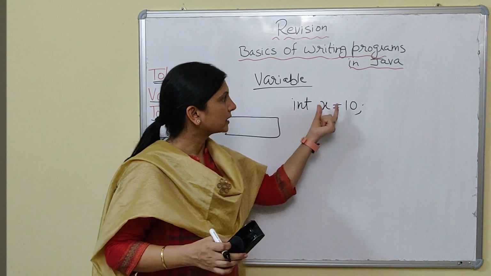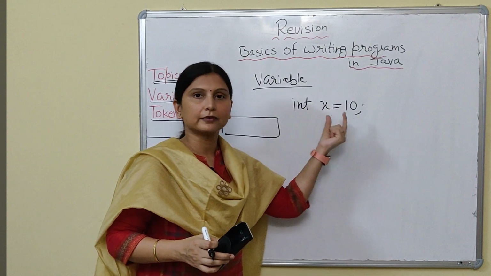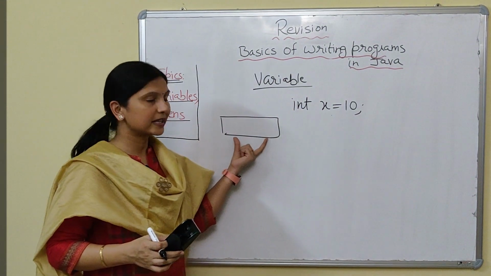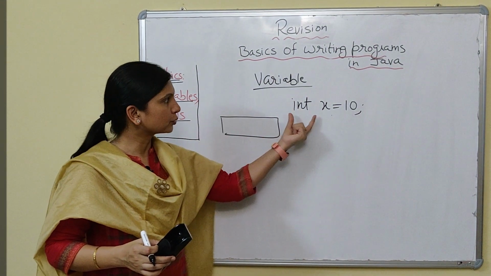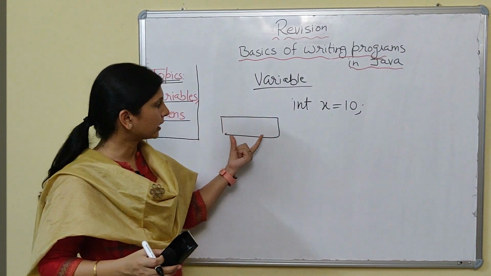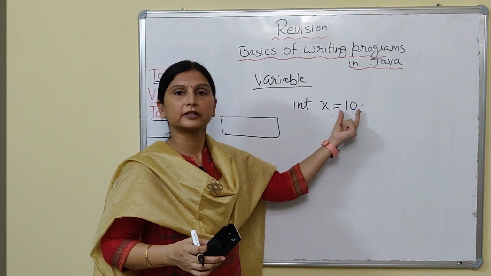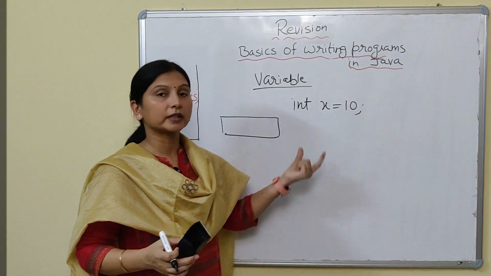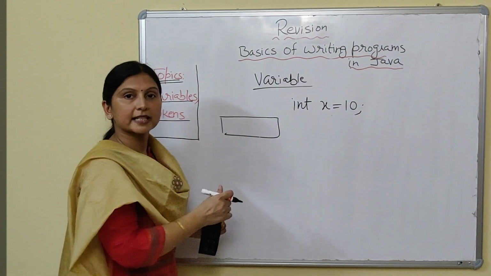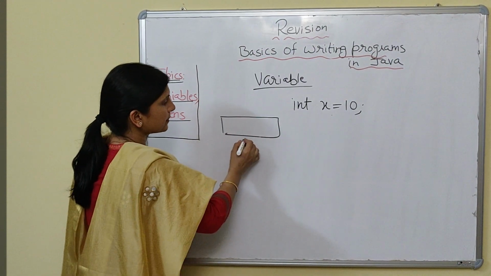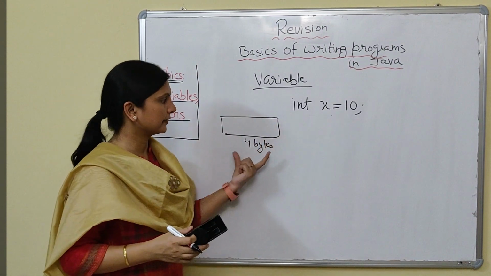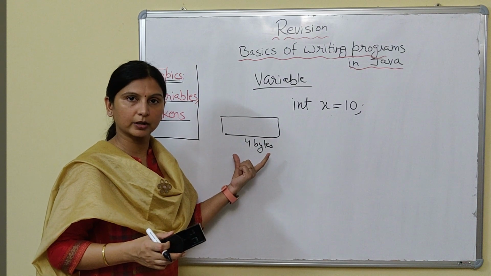When you declare or initialize a variable, space is allocated according to the data type. If it is int, then 4 bytes will be allocated for the value of that variable.